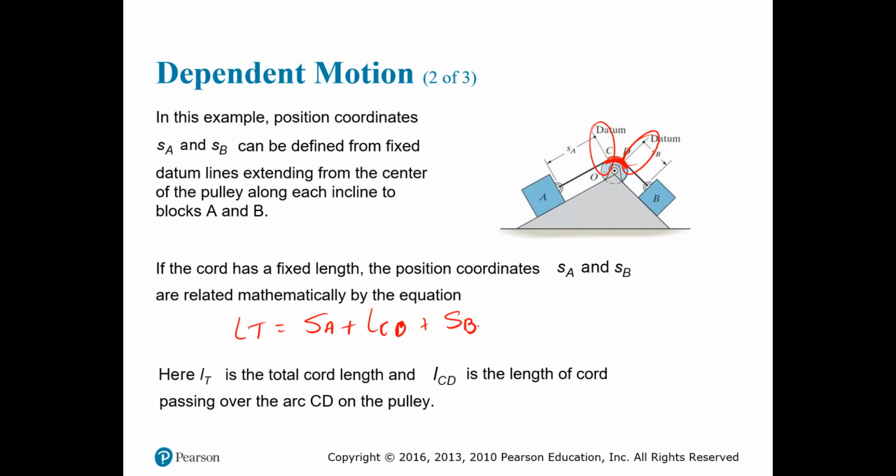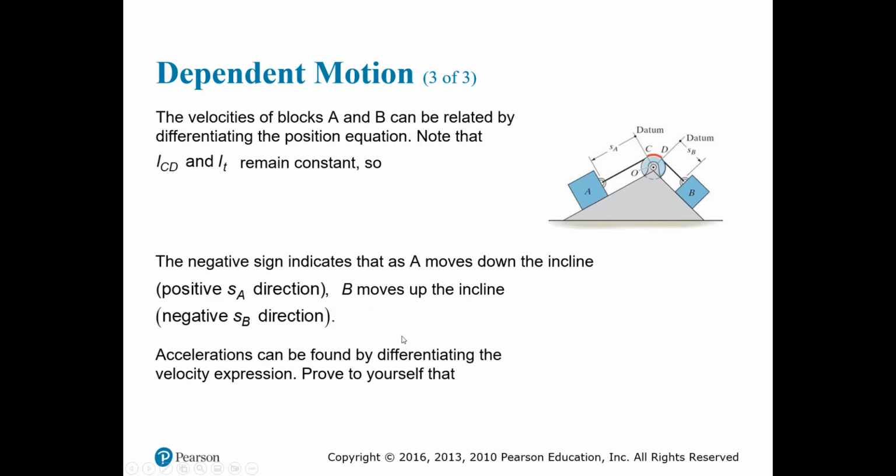LT is the total length of the cord, and LCD is the length of the cord passing over the arc CD over the pulley. All right, so far so good.